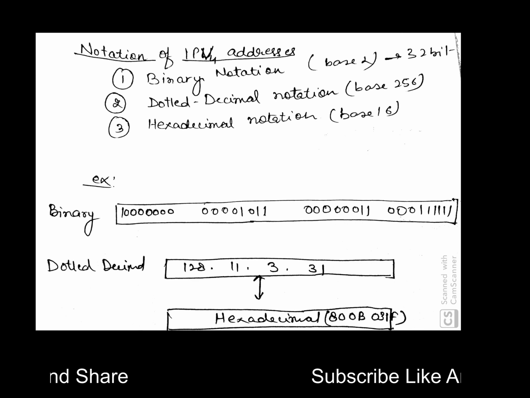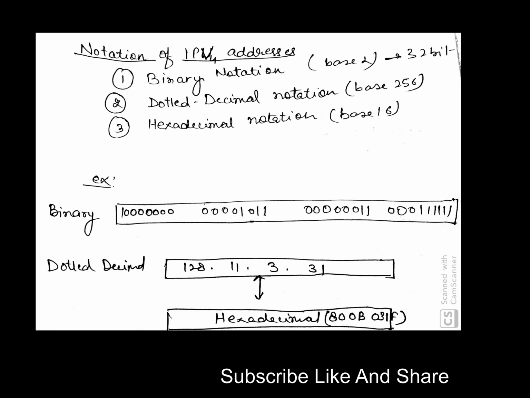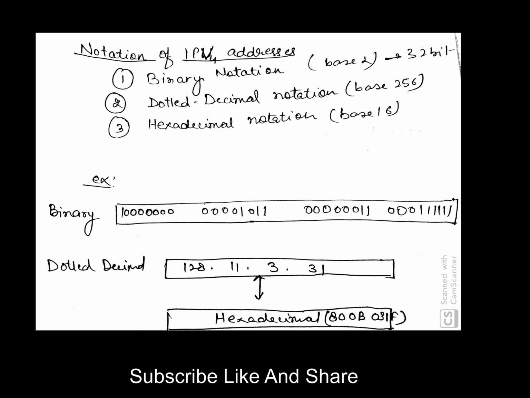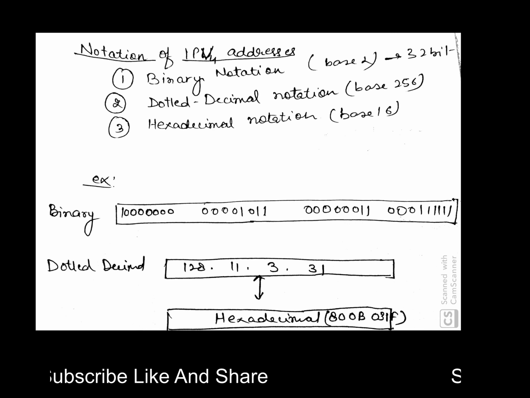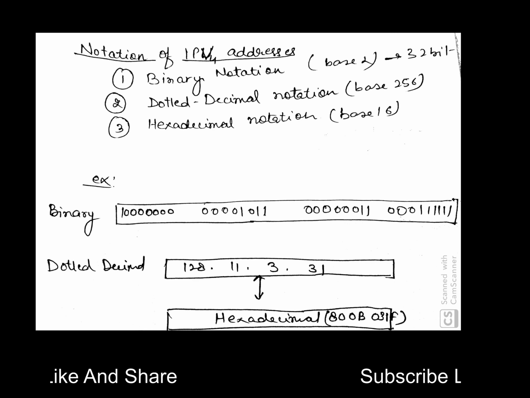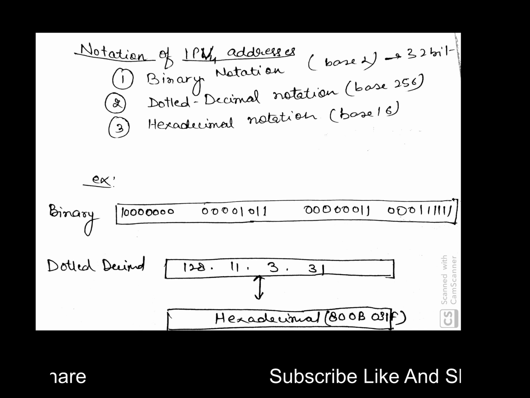And the third one is hexadecimal. Each hexadecimal digit is equivalent to 4 bits, and this means that every IPv4 address has 8 hexadecimal digits. In network programming, this is how the IPv4 address is specified.